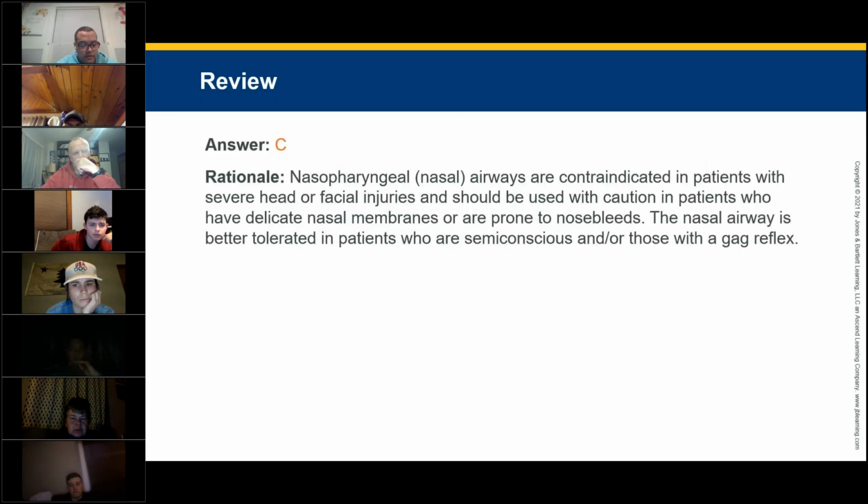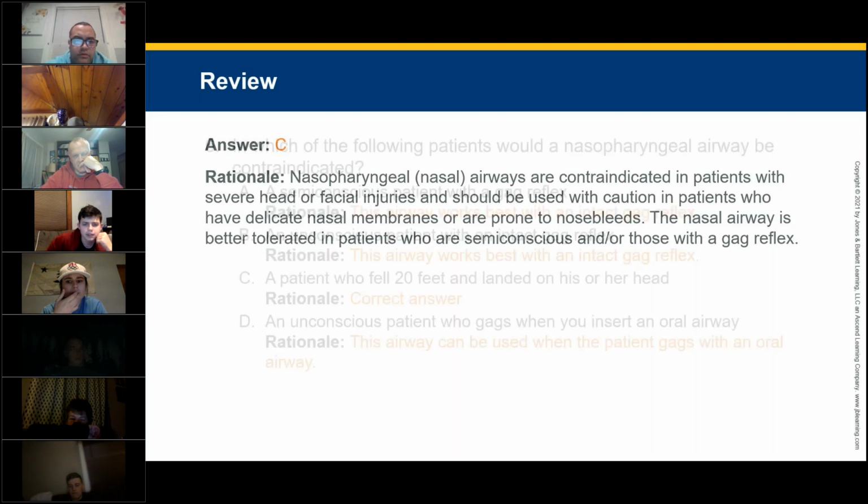Remember, contraindicated are the times we're not going to do something or use something. And for nasal airways, we're not going to use them on a patient that has a head or face injury. So the answer is C, the patient that fell 20 feet and landed on his or her head.